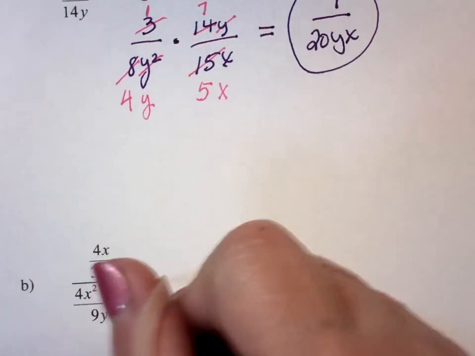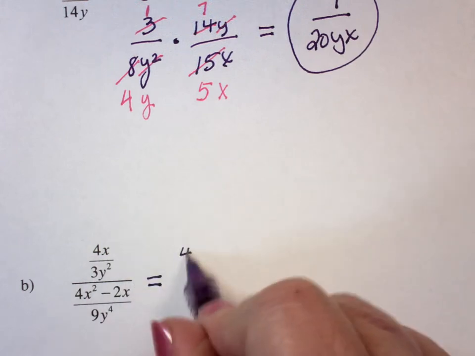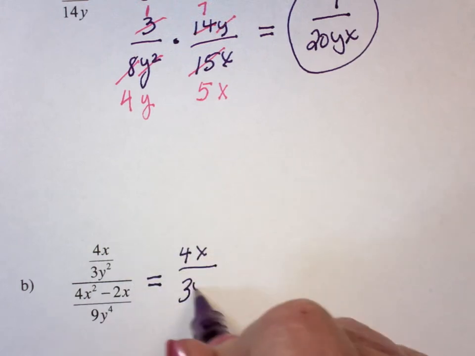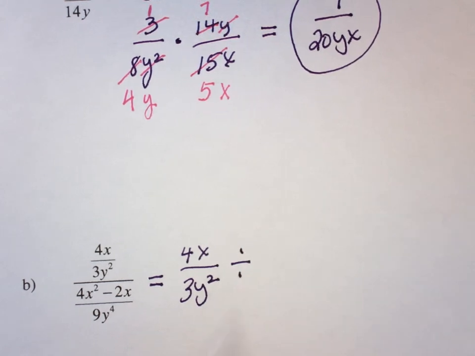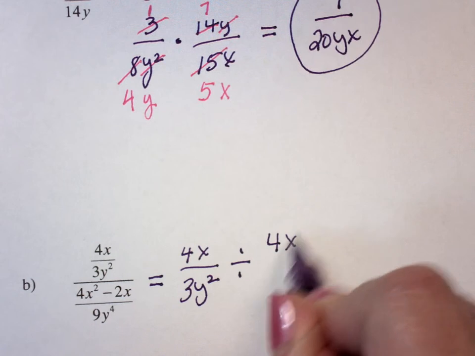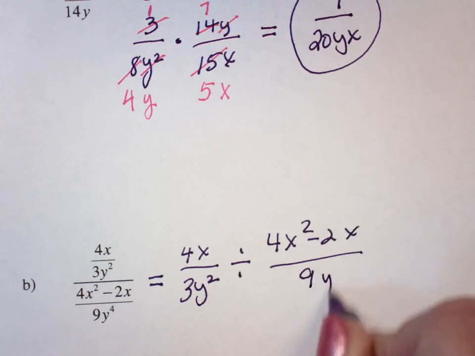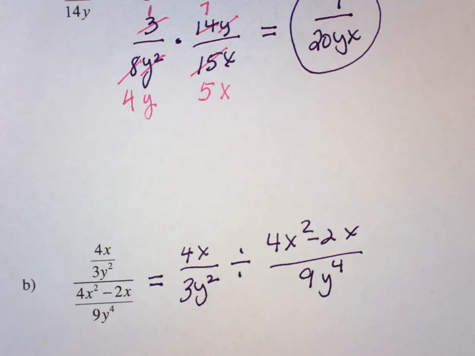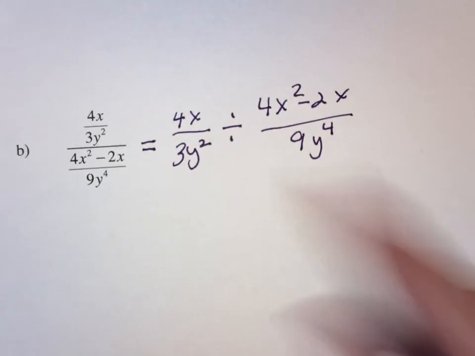So on this one, I write it as it says, which is 4x over 3y squared. The big division bar means divided by 4x squared minus 2x over 9y to the 4th. That's now a 7-1 problem.